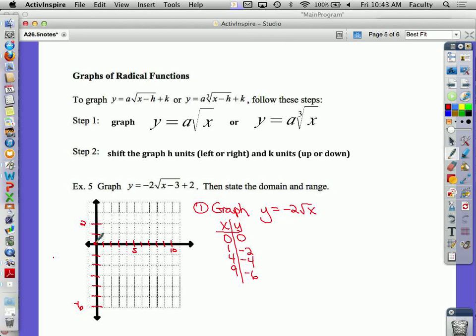So I'm going to plot 0, 0, 1, -2, 4, -4, and 9, -6. So remember what I mentioned previously was that it is possible to get a square root function to decrease, and that's by putting a negative out front.